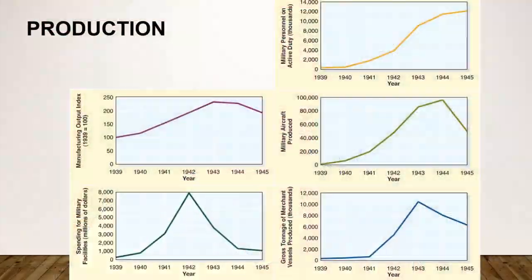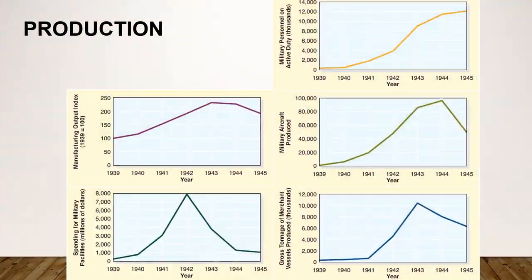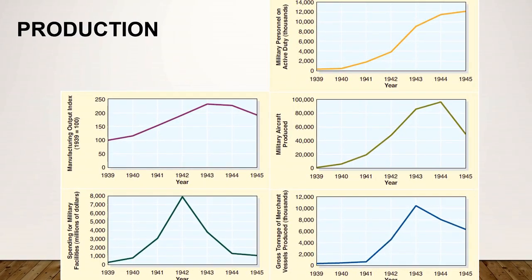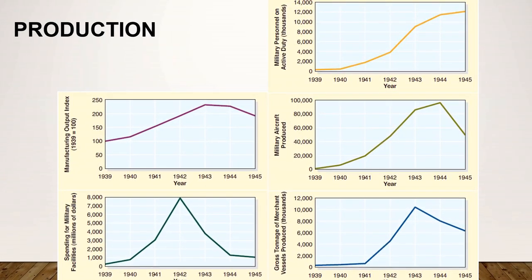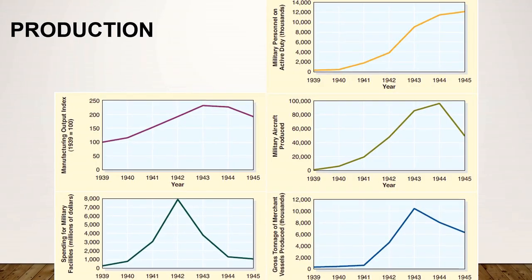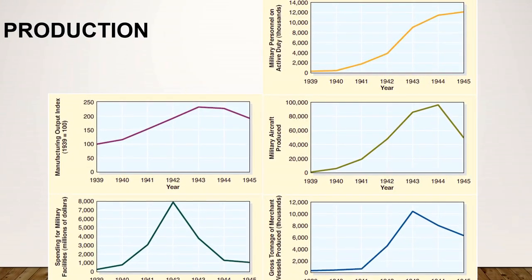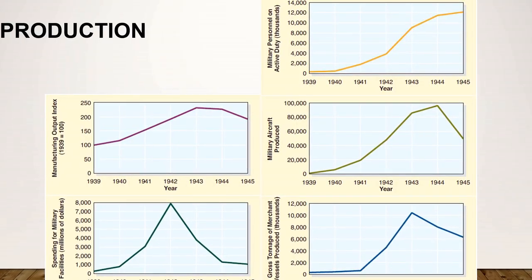These charts here show a lot of what I'm talking about. This is the productive capacity of America on a number of charts. If we look on the upper left-hand side there, manufacturing output, just understand what that means. In 1939, let's say we had 100% of our industrial capacity.